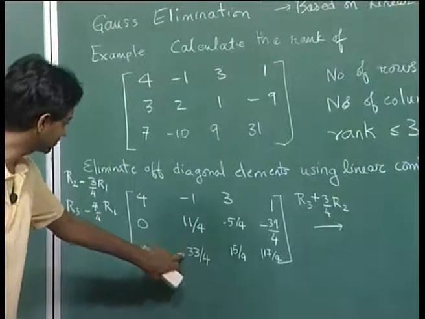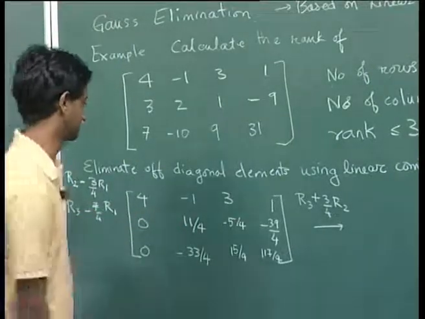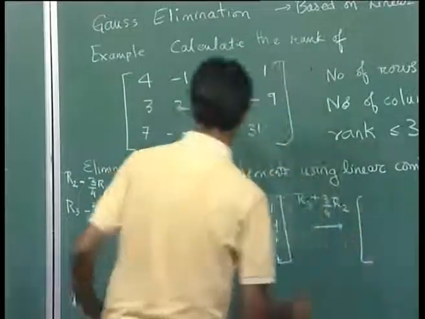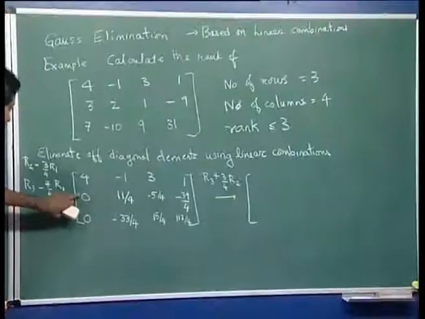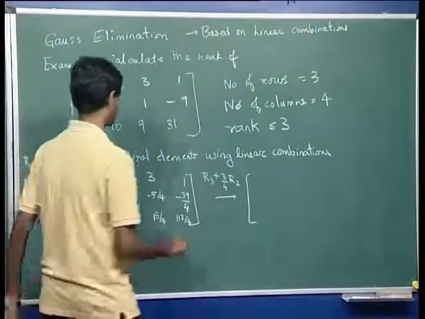So, minus 33 by 4 plus 33 by 4, I will get 0. And notice that this operation does not change this. So, this plus 3 by 4 of this still gives me 0.